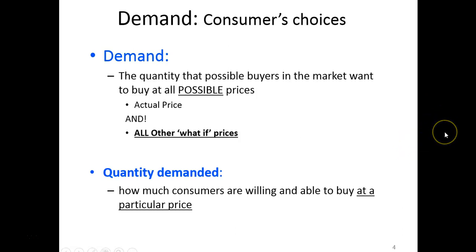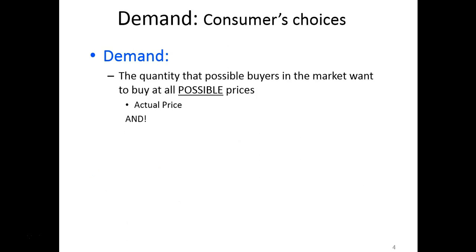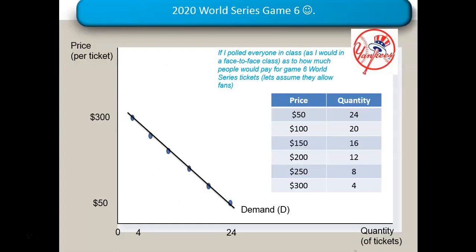Quantity demanded, more specifically, is how much people want to buy at a specific price, which includes the actual price, and that's often the one that we'll focus on, the price that exists at a moment in time in the market. But every possible price has an associated quantity demanded.